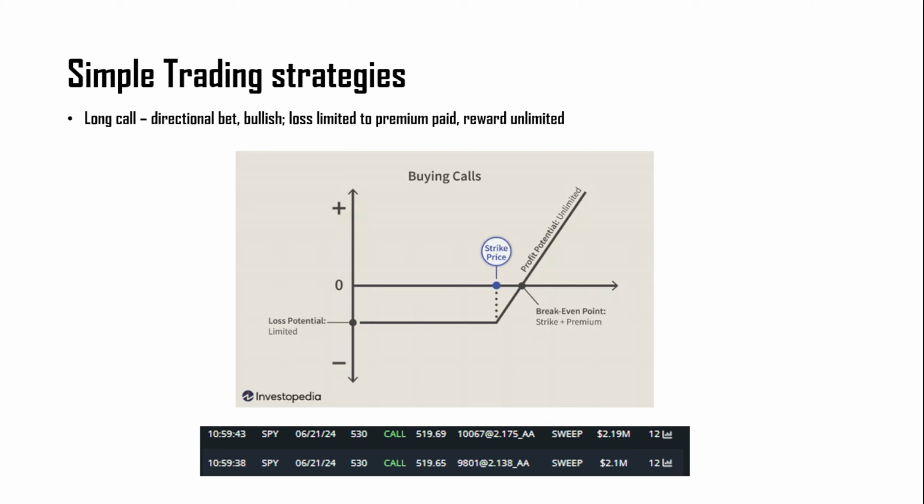He bought them at around 518 or 519, and SPY closed at 528, so he's almost close to his strike price. He's not even there yet, so he's still holding. If it goes higher, he's going to go even higher. His profit's unlimited. He's already up 60%.